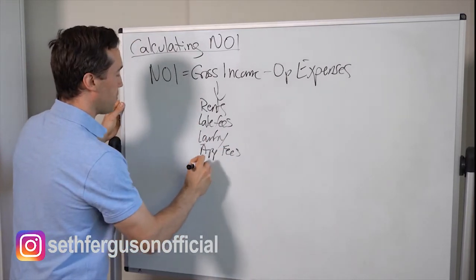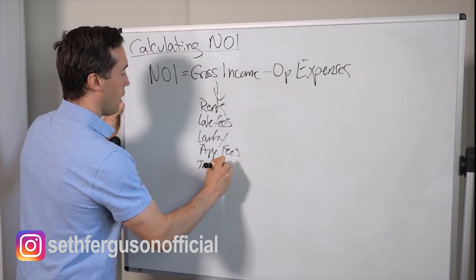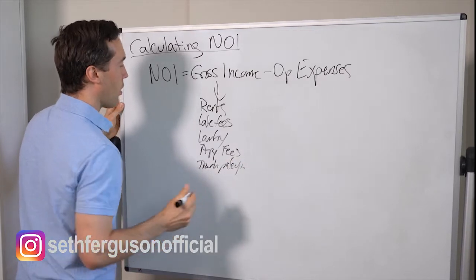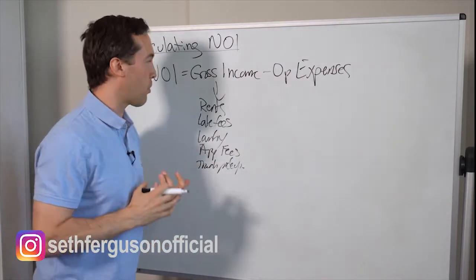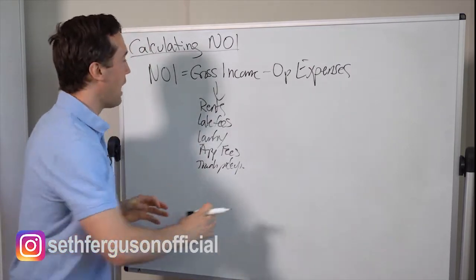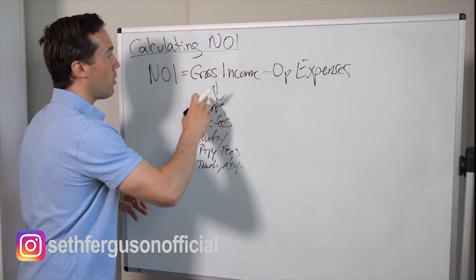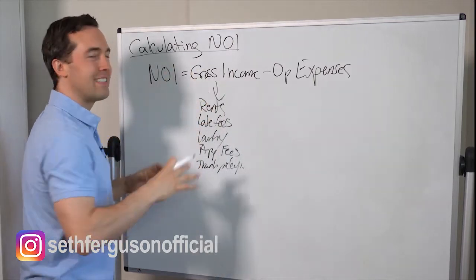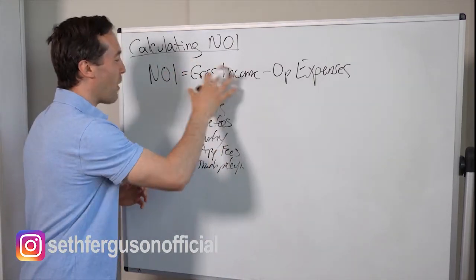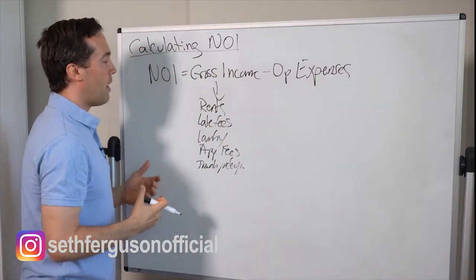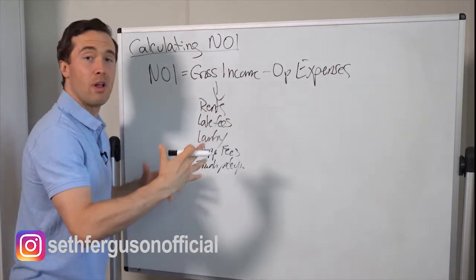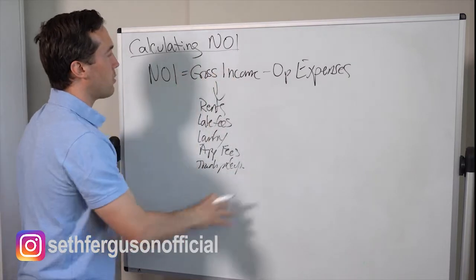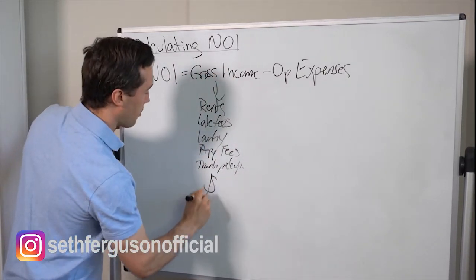We can do trash pickup, yard fees if they get a private yard. But basically, every single dollar of income produced by the property, it doesn't matter how it's produced, is going to fall under gross income. So gross means everything. Every single dollar of income, whether it's through rents, late fees, laundry, all the examples I used, plus a whole lot more, comes under the gross income. So it's your big dollar figure.